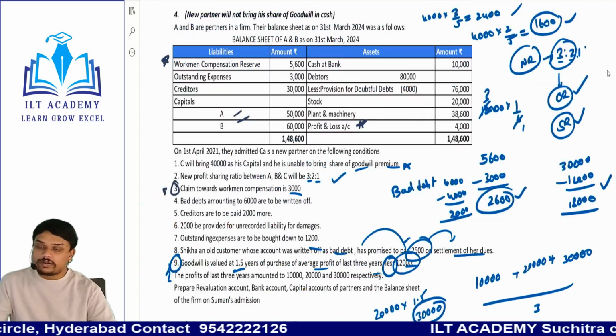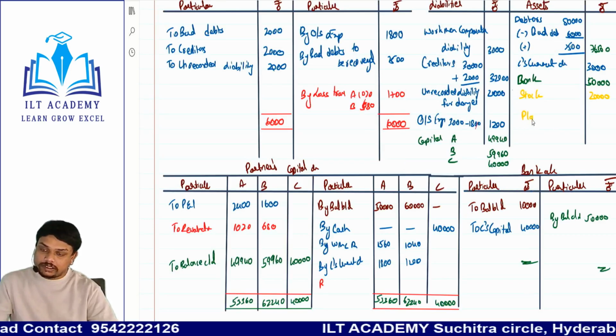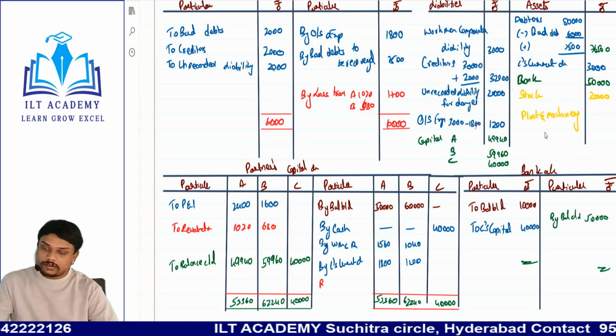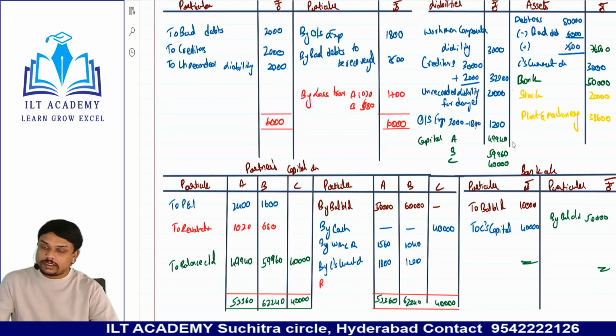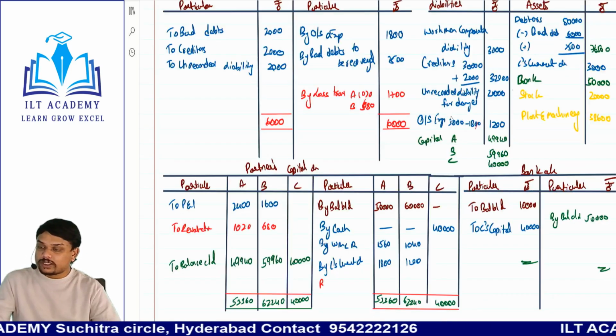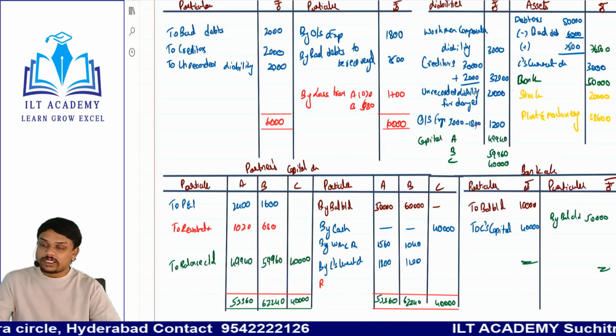Stock balance we are having 1,000. Plant and machinery will be 8,000. And do we have anything else? No, we don't have. Workman compensation liabilities adjusted, creditors are done, outstanding expenses are being adjusted. Perfect. Capital accounts are recorded.